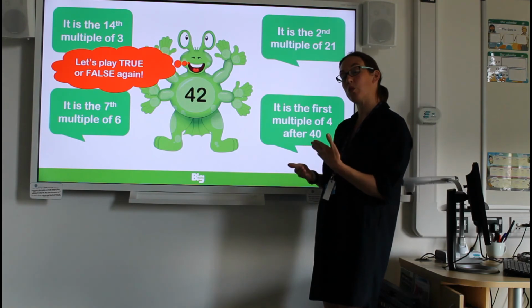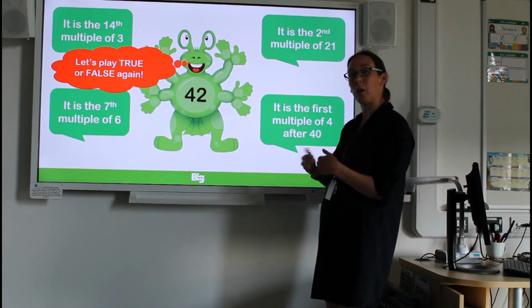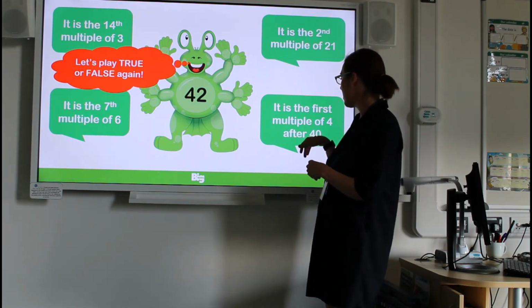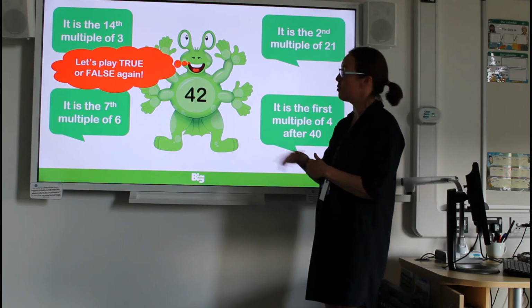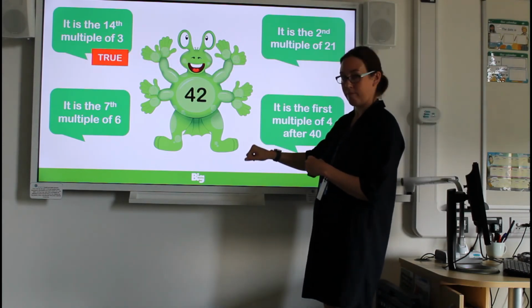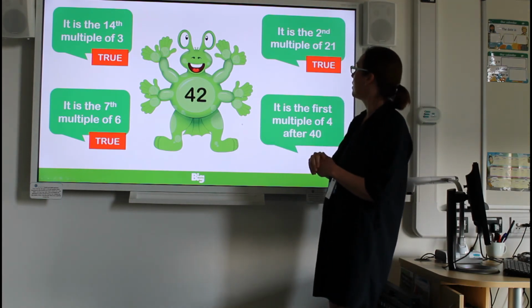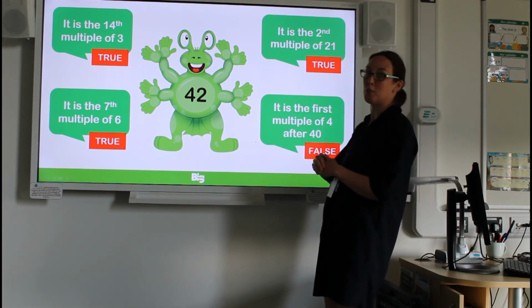So if we've got to 40 in our 4 times table, what's the next multiple going to be after 40? It's going to be 44, isn't it? So this one actually is false. Let's have a look. True, true, true, and false. Well done.